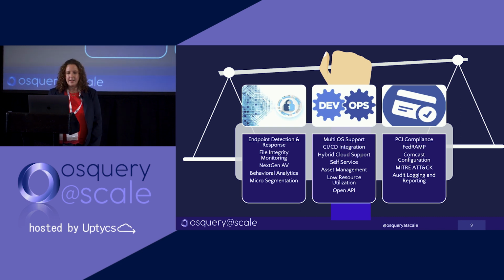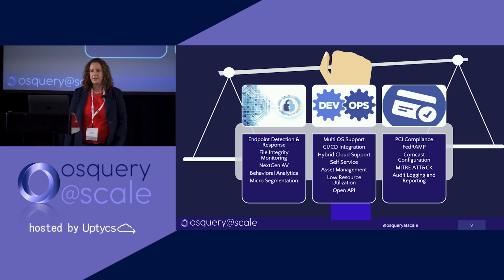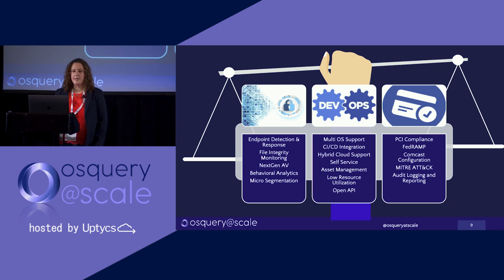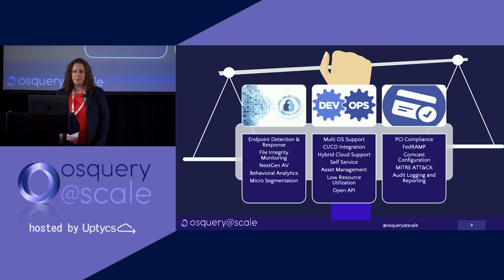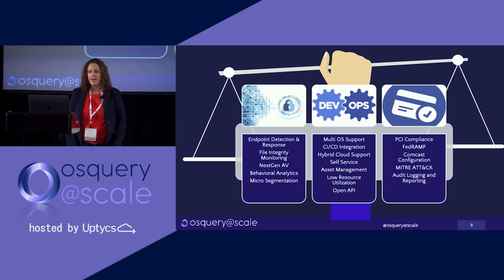So finally, we come out with a bunch of requirements, right? And they pretty much fell into 3 areas. So we had our security requirements and the compliance requirements, but then we had this big group of requirements that just fell into our DevOps, which was how well it was going to fit into our environment. So people needed it to support multiple operating systems. We wanted it to fit into the CI/CD pipeline.